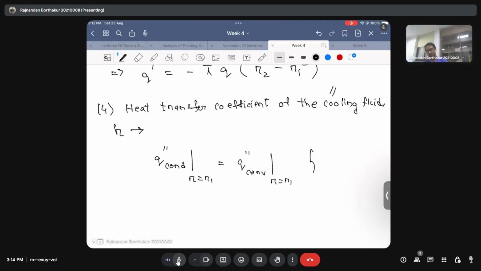This is just applying flux continuity at the interface. We have done this many times in the course of our discussions.